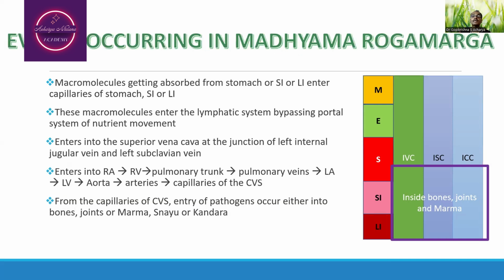So what are the different events that can happen in Madhyama Roga Marga? First of all, the pathogens, which are usually macromolecules or undigested food particles, enter from the stomach or small intestine or large intestine into the intravascular compartment.